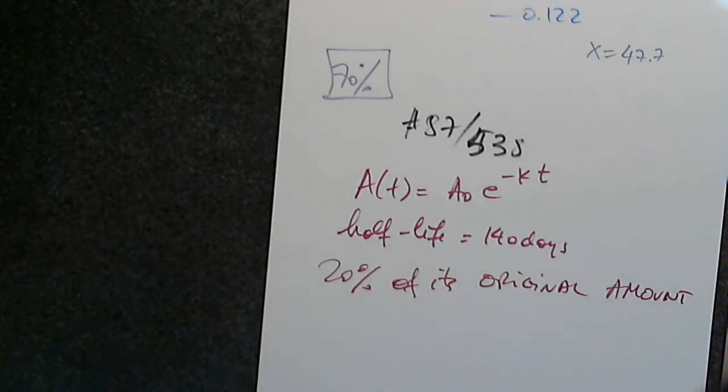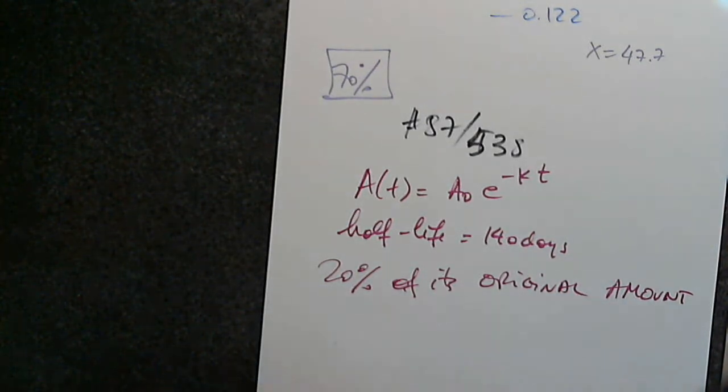I have a sample, I don't even care how many milligrams I have. But I know that it decays to half in 140 days, and I would like to determine how long it takes for this to decay to 20% of it.